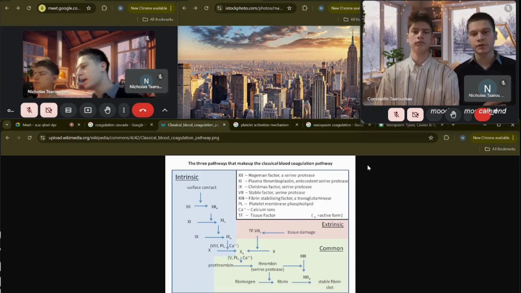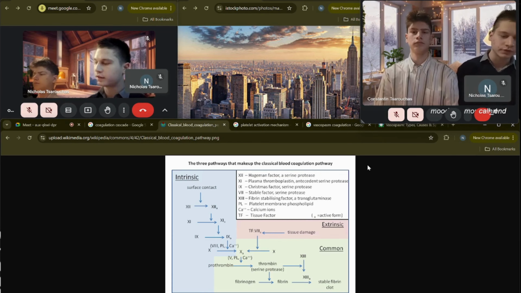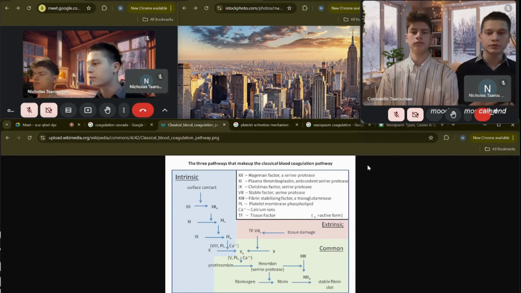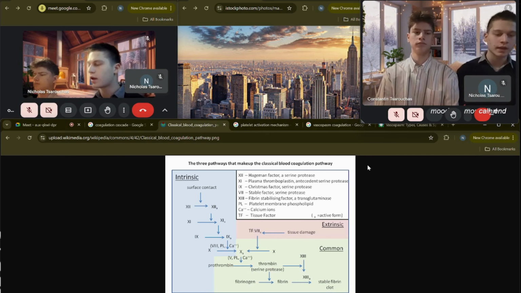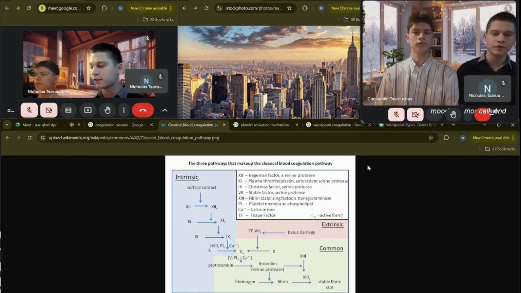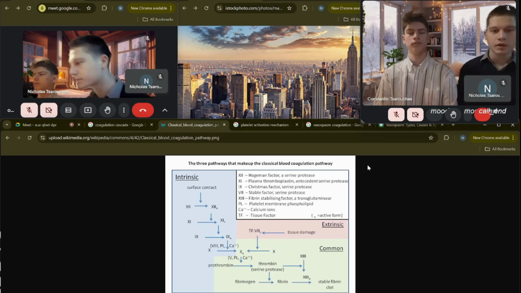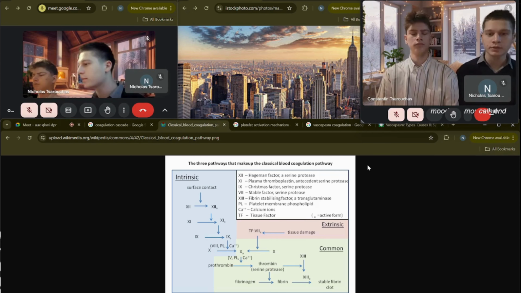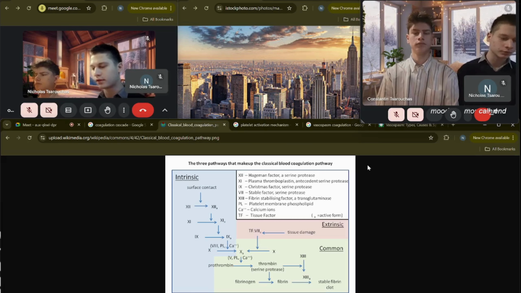Then again, on the extrinsic side, we have tissue factor, which is when you have trauma or tissue damage, you have tissue factor from tissues, and this will cleave factor 7 to 7a, and then tissue factor with 7a is your extrinsic complex, which will then cleave factor 10 to form 10a, with calcium as well, and this will be a bit later, which we'll mention.